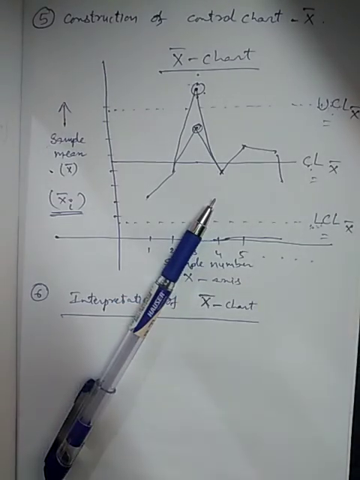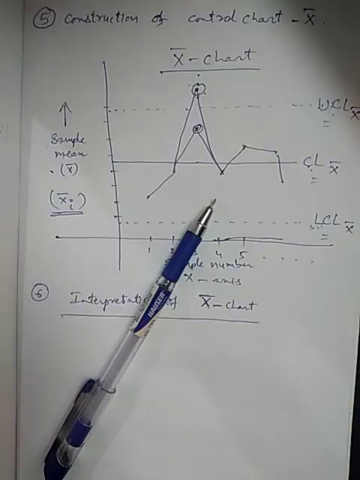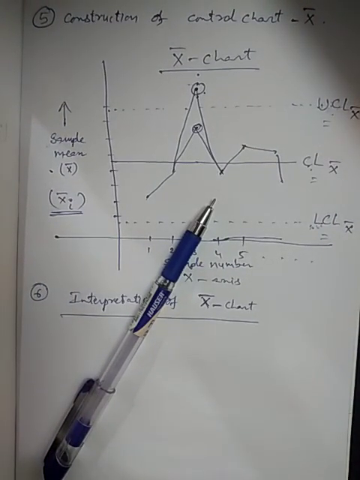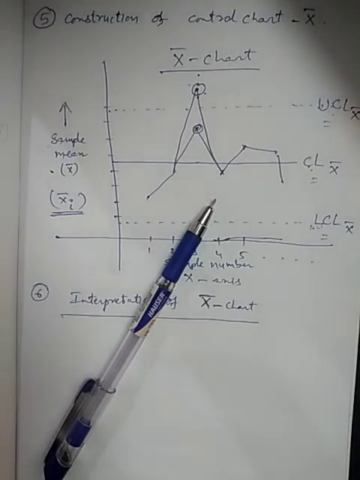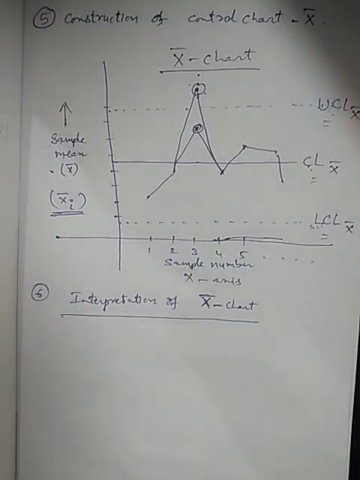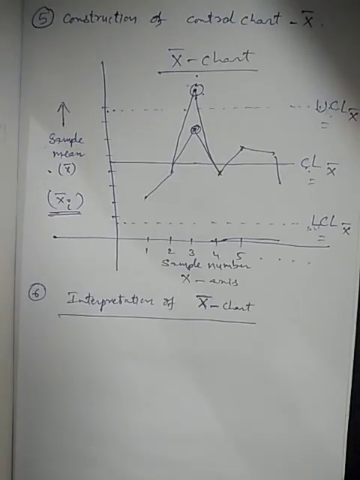That is an indication that some assignable causes of variation are present in the process. We have to trace those assignable causes of variation and eliminate them to a great extent, so that our entire statistical quality control techniques will be more useful.